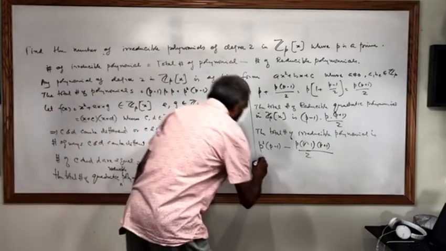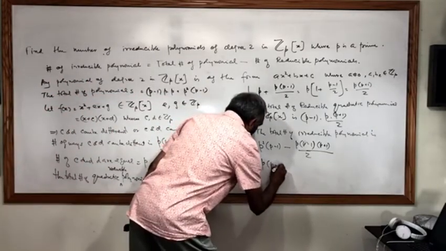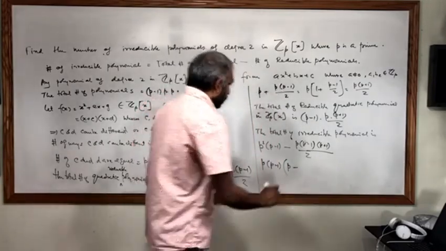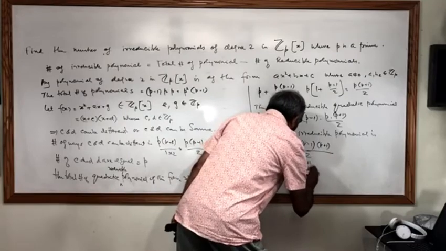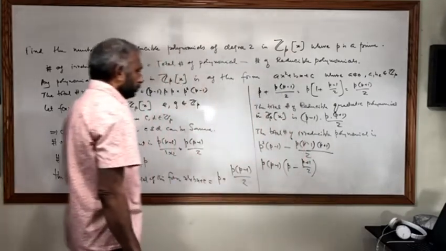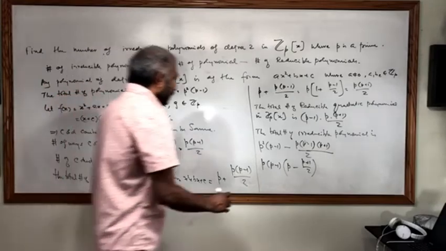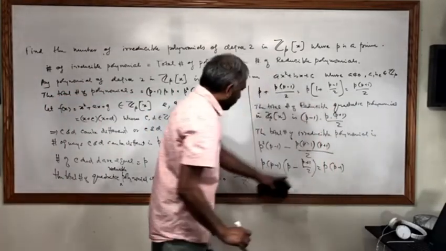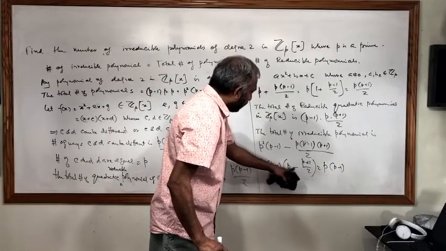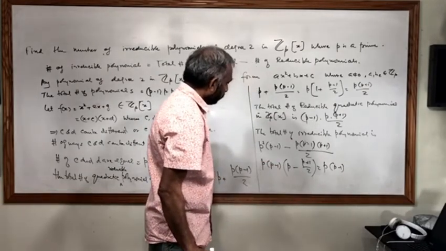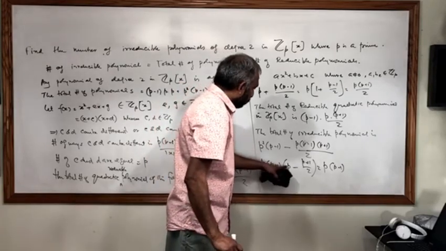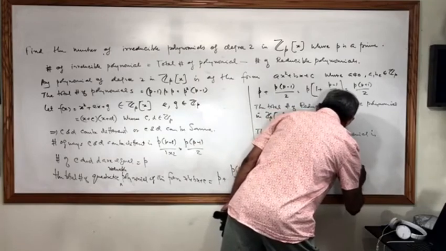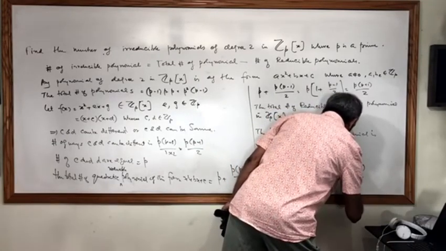If you take p times (p minus 1) outside, this is going to be p minus (p plus 1) by 2, and that is (p minus 1) by 2.